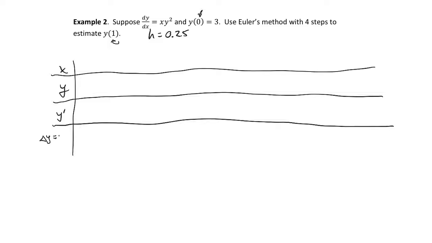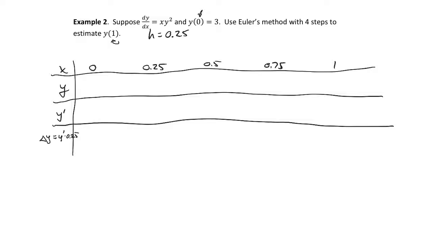In our case, it's going to be whatever y prime was multiplied by 0.25. And then, once we know that, we're going to be able to calculate our new y value. Our x values start at 0. They go up by 0.25. So if I go up by 0.25 again, I'm at 0.5, then 0.75, and then 1. I'm going to write the calculations at the bottom. I will erase them as I go.